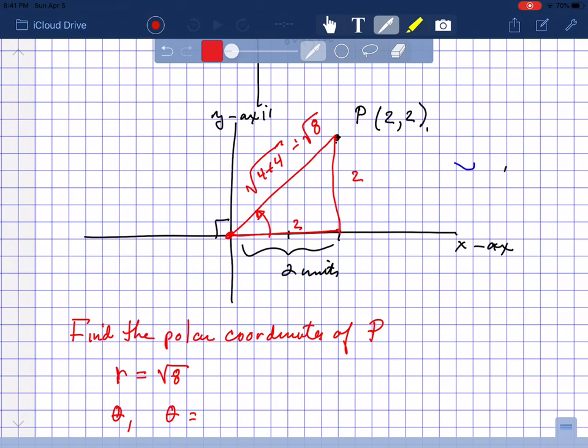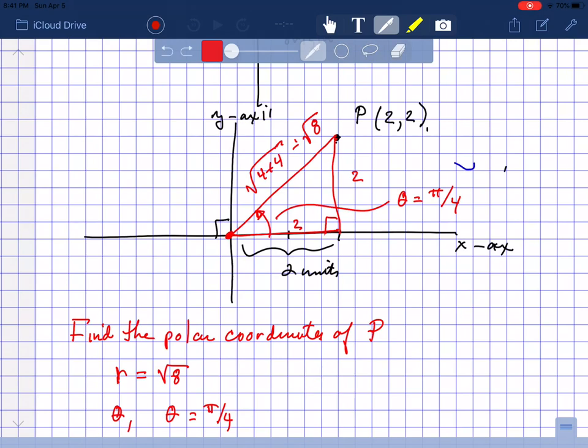Theta in this case is going to be this angle between the radial line connecting P and the origin and the x-axis. And because this is an isosceles triangle, and it's a right angle here, we know that theta is equal to pi over 4.